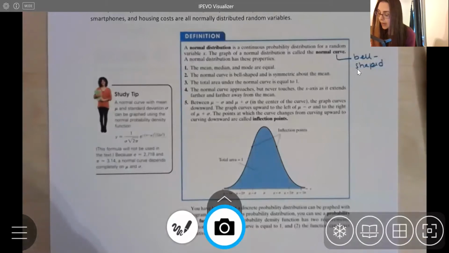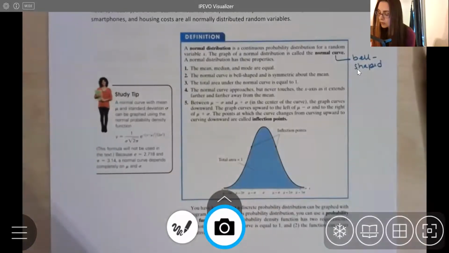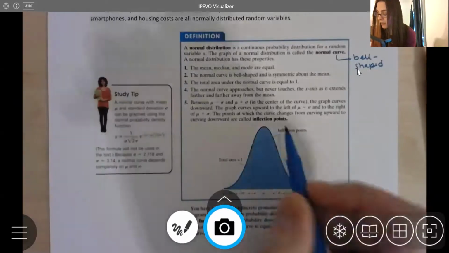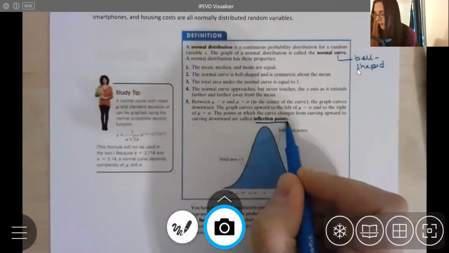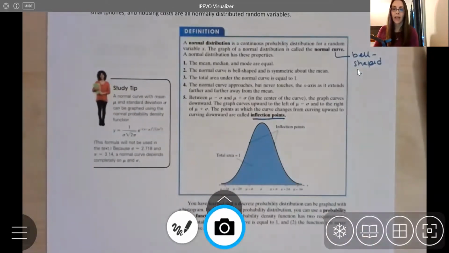The graph curves upward to the left of the mean minus the standard deviation and to the right of the mean plus the standard deviation. The point at which the curve changes from upward to downward is called an inflection point. In algebra courses, you may have heard this as going from concave up to concave down.